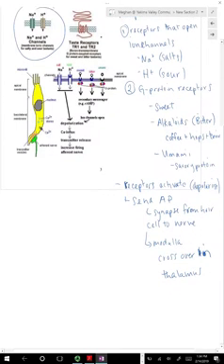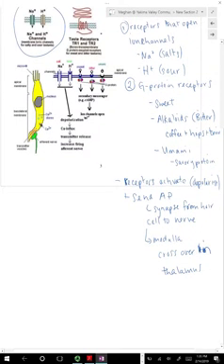So we go from the medulla, cross over in the thalamus, and then we go to what's called the gustatory cortex. Gustatory just means to taste. So medulla, thalamus, gustatory cortex.